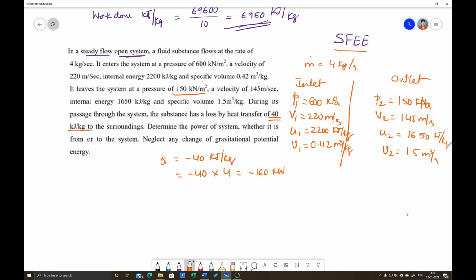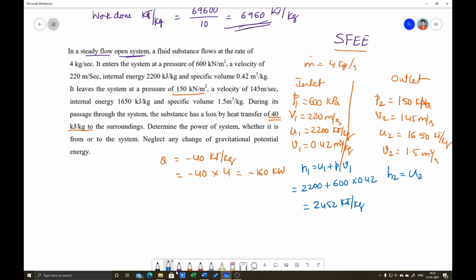Okay, now substitute. First calculate H1 and H1 is equal to U1 plus P1 V1, which is 2200 plus 600 into 0.42, which is equal to 2452 kilojoule per kg.